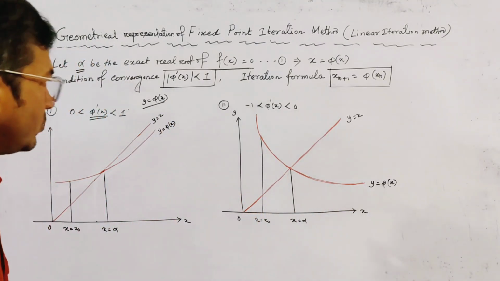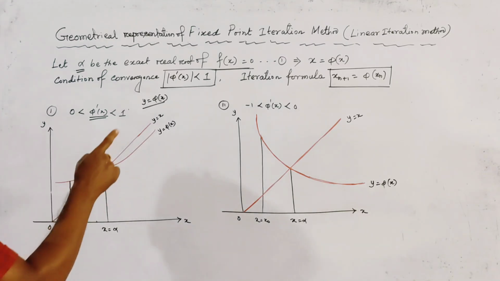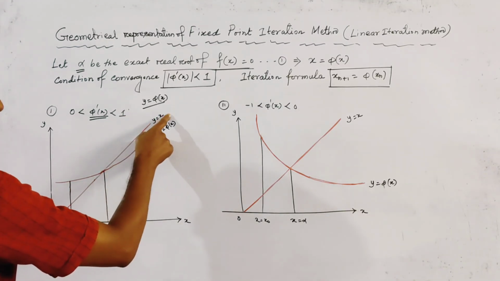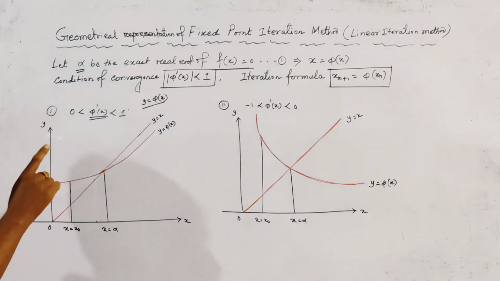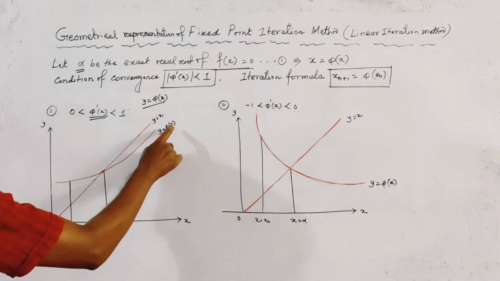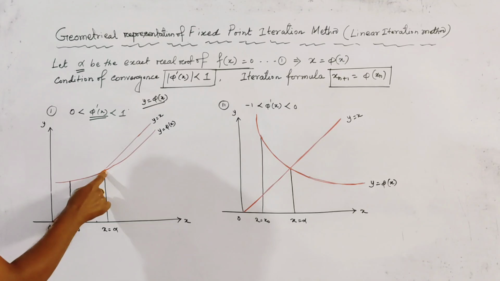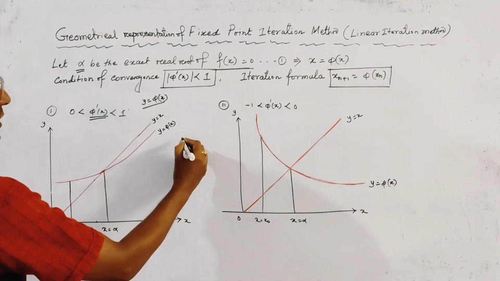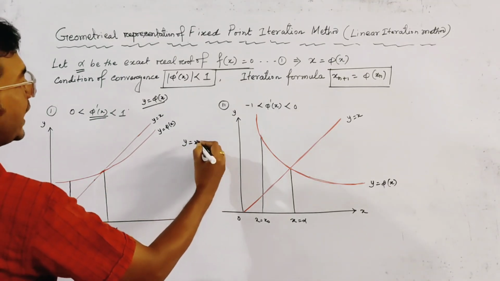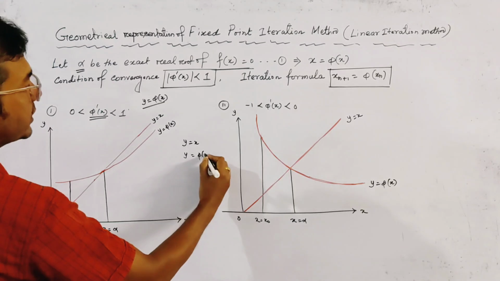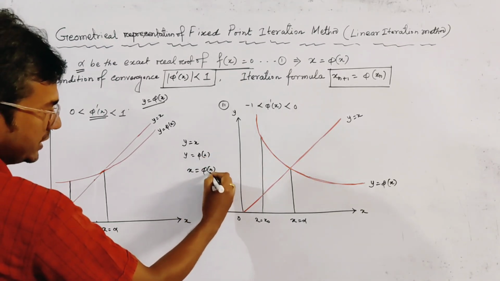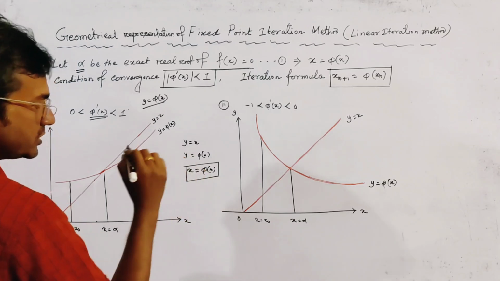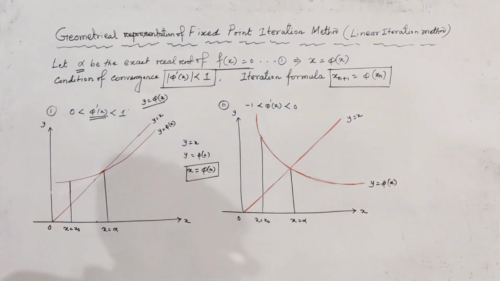Now for both curves, we also draw y = x, and the intersection of y = x and y = phi(x) is this point. When y = x and y = phi(x) meet, we get x = phi(x), and this gives the exact solution of the equation.